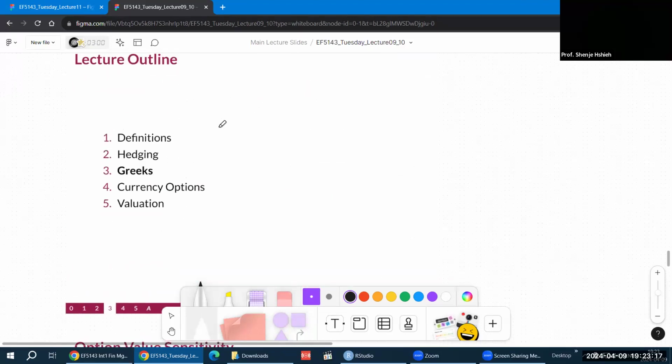All right. So I'm going to review, hopefully, the so-called Greeks of option pricing. The Greeks refers to Greek letters that refer to the sensitivity of the option price with respect to different parameters in the call option or put option pricing formula.